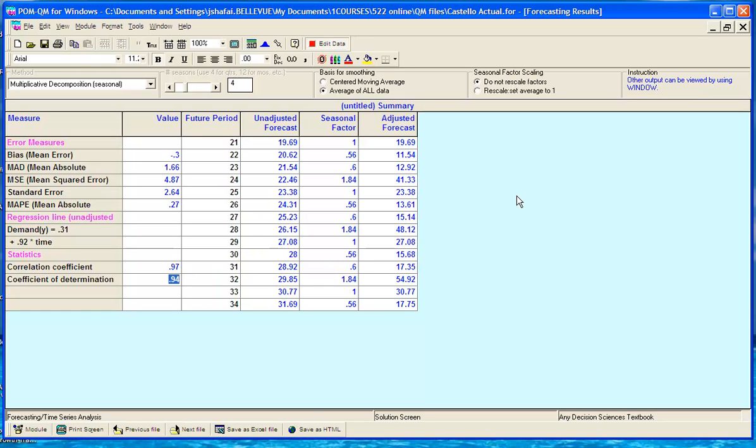So that's how you solve this type of problem using POM-QM. Thank you. I hope you have found this helpful.